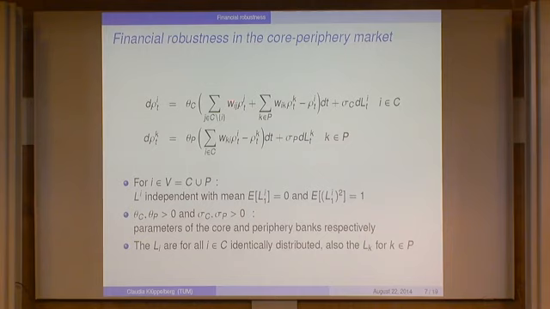So now what happens to a periphery bank? A periphery bank is influenced, they don't interact with each other. So periphery banks only interact with core banks. So they are influenced by all the core banks. And here we allow for a different parameter sigma in front of our levy process, which we assume to be standardized.